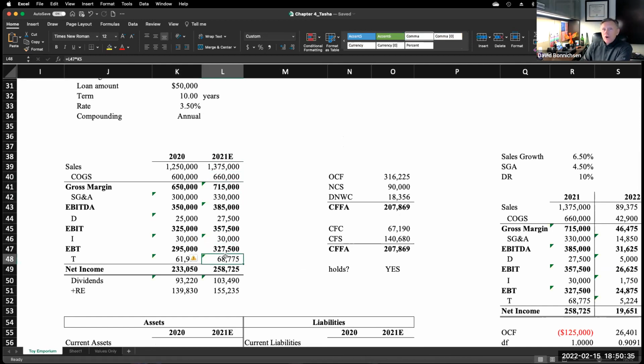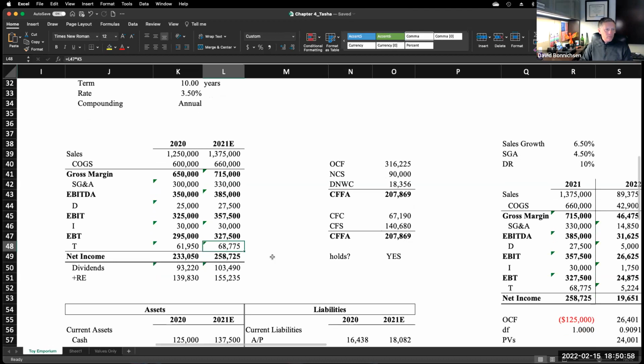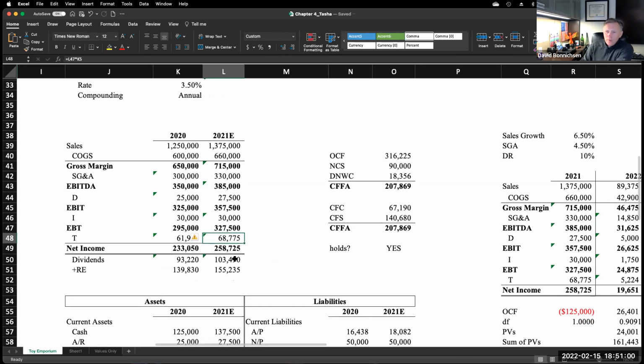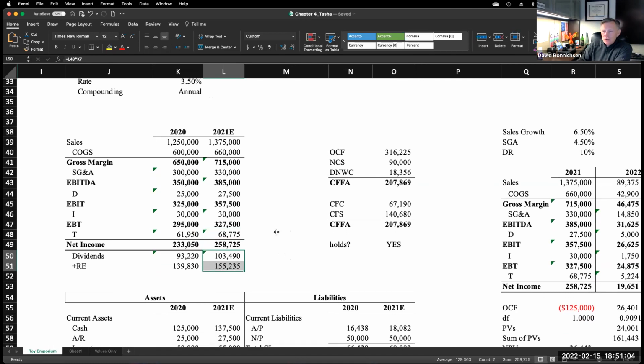Taxes were based on our tax rate times EBT, net income, EBT minus taxes. Now, inevitably, there will be some of you that forget what I said, and you will try to change this tax and adjust it by 1 plus the growth rate. I'm going to say it again. Don't do it. Use the tax rate times EBT. And then we got down to the dividends that we paid and the addition to retained earnings.